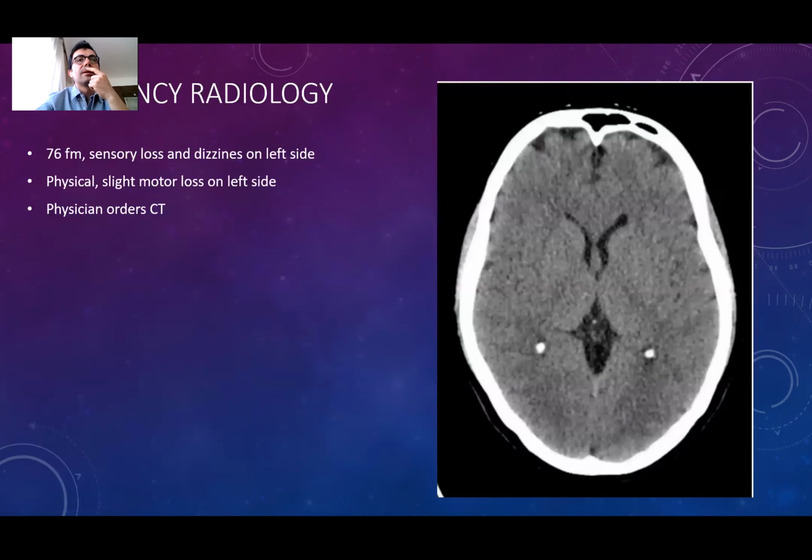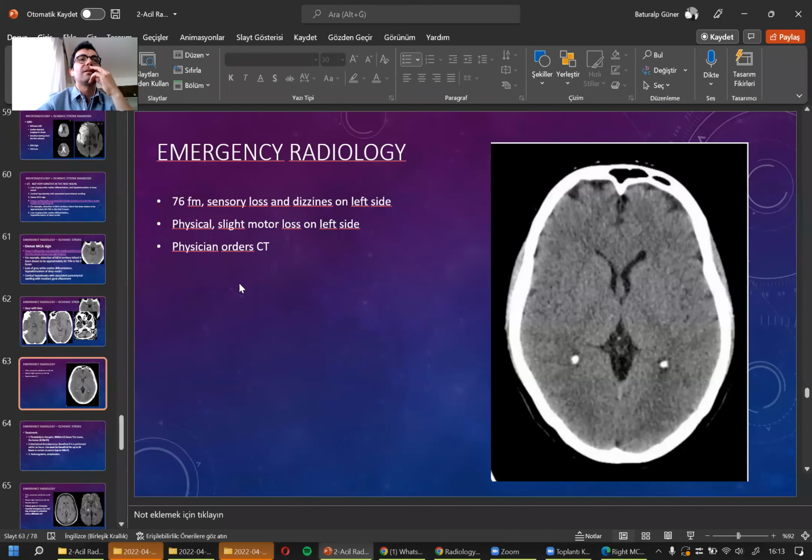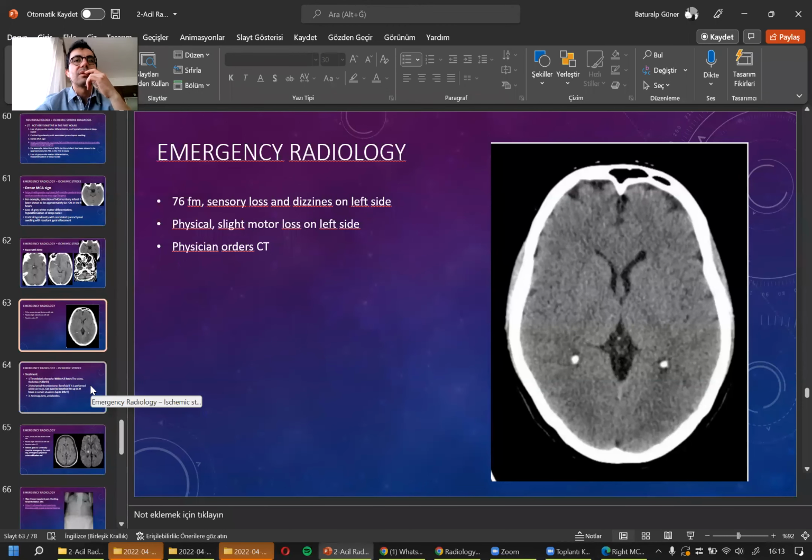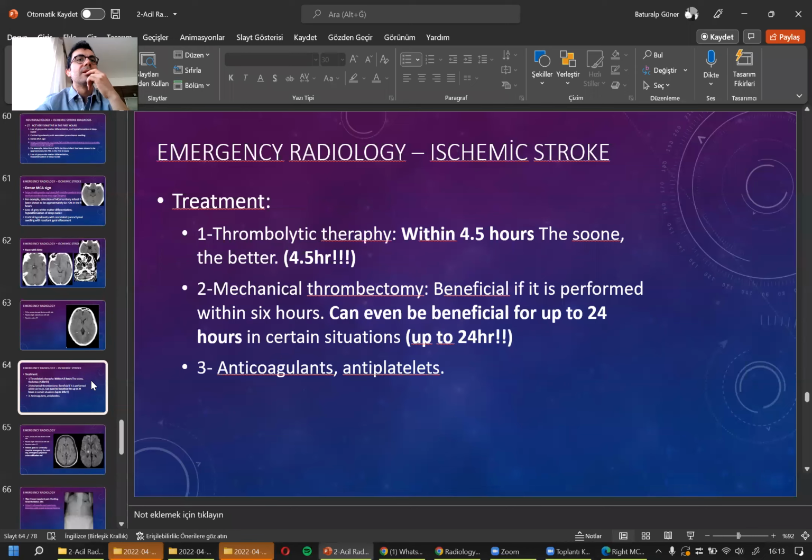So there was this woman that I showed you when we were looking at a normal CT scan, this old woman with sensory loss and dizziness on the left side. As we checked before, the CT was completely normal. I showed you her CT as a normal CT scan example.